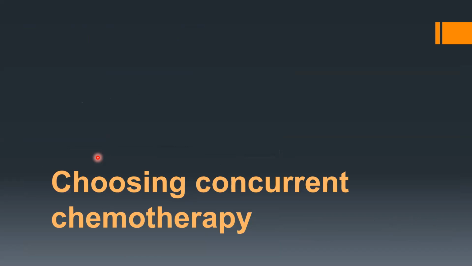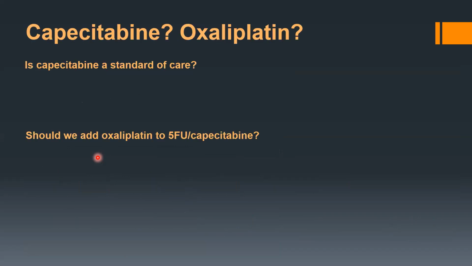Now, having covered radiotherapy approaches, we come to choosing concurrent chemotherapy. Earlier studies have traditionally used 5-FU based IV chemotherapy. Some of them have used infusional chemotherapy, and some of them have used continuous infusion chemotherapy over the entire course of treatment.